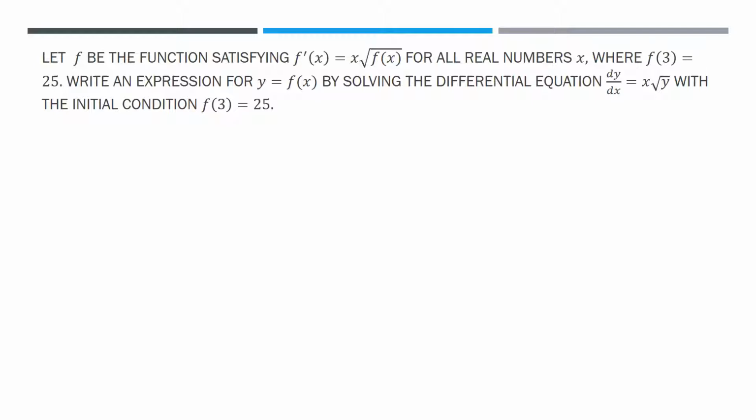Part B for this free response is saying, okay, now do you understand your properties of integration? So we're going to leave the x over on the right. We're going to multiply both sides by dx. And then we're going to divide both sides by square root y. So that gives me 1 over the square root of y times dy equals x times dx.